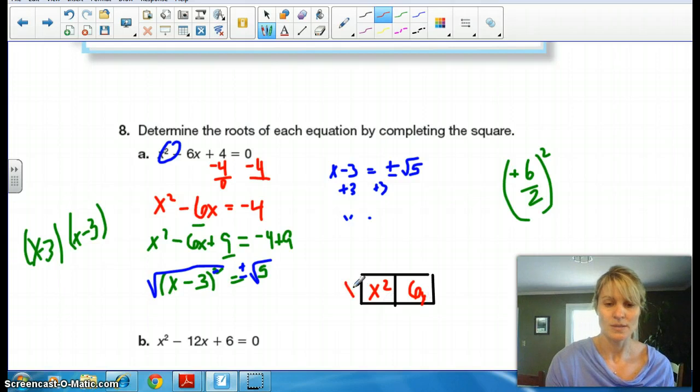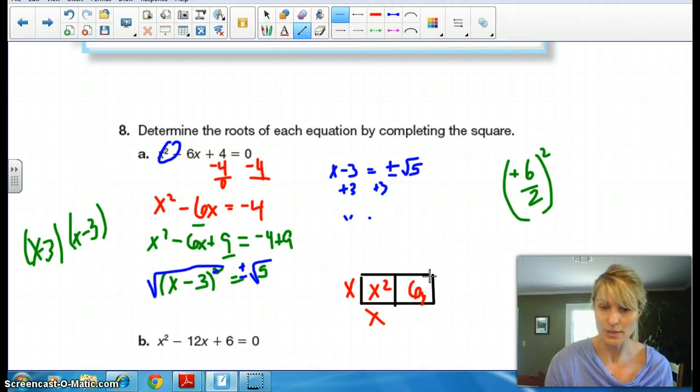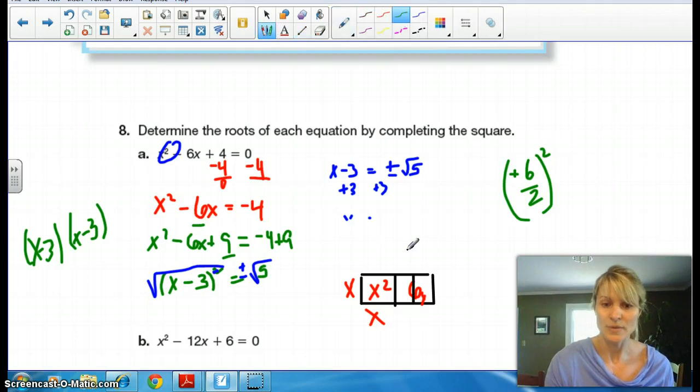And then we knew x times x was x squared. And then we split this square in half, that's why we're dividing by 2 here, because we switched this square in half. And if we move that square in half, that means that this must be 3x here, and this must be 3x here, because 3x and 3x gives me 6x.